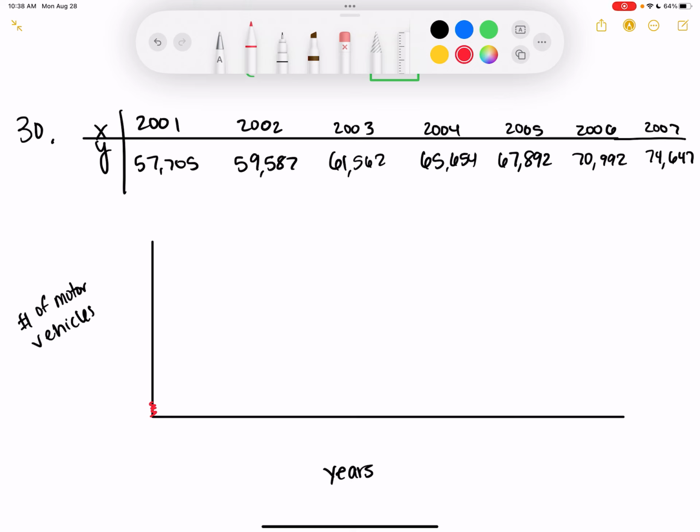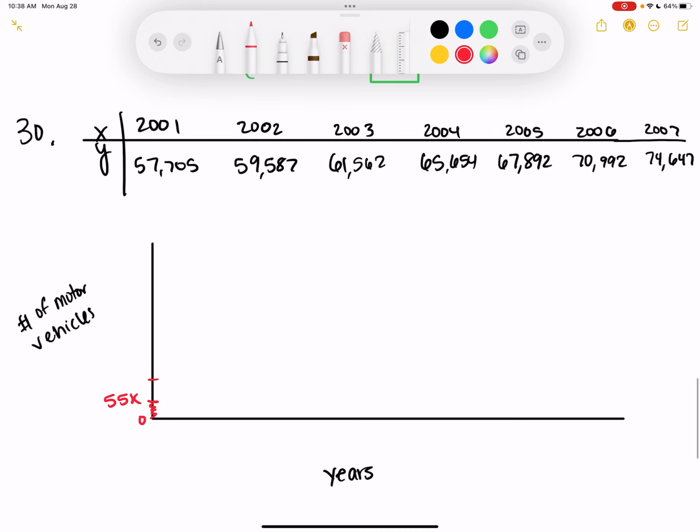That's what it's telling you: we are starting at 0, but I'm skipping some, and I'm going to start here at 55,000. If you want to use abbreviations like 55K for 55,000, that's fine too, or you can write it all out. I need to go up to about 75,000 because my biggest number is 74,647.